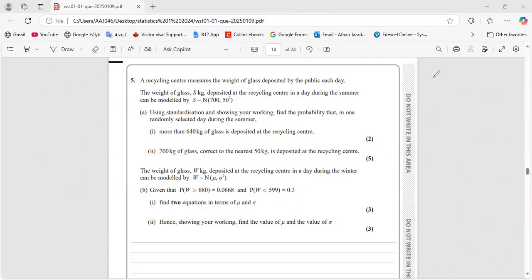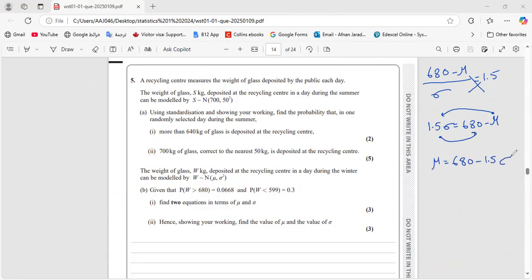The first one is (680 minus mu) over sigma, which equals 1.5. So make a cross multiplication. It will be 1.5 sigma equals 680 minus mu. Take mu to the side and take this one to the side. So mu equals 680 minus 1.5 sigma.